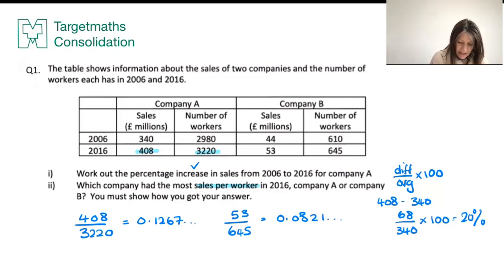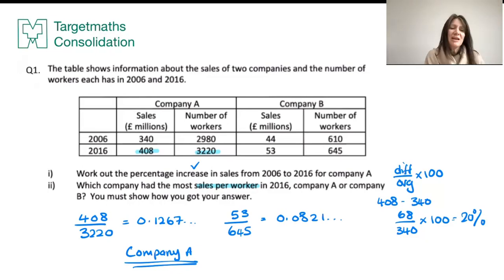This obviously being bigger means that company A is getting more sales per worker. So a big proper top end question there, probably really getting into that grade 5 with all that information that you've got to pick out.